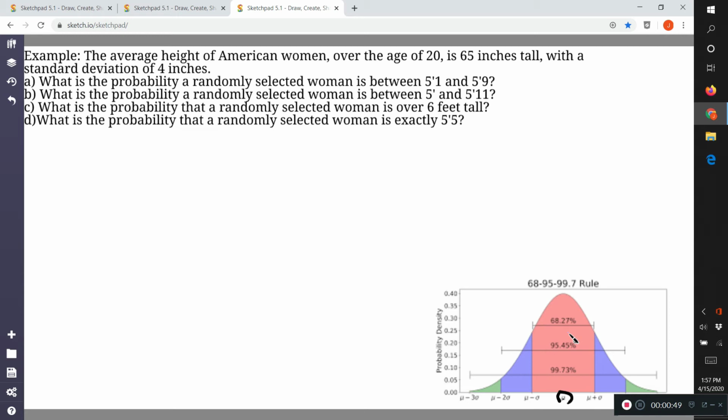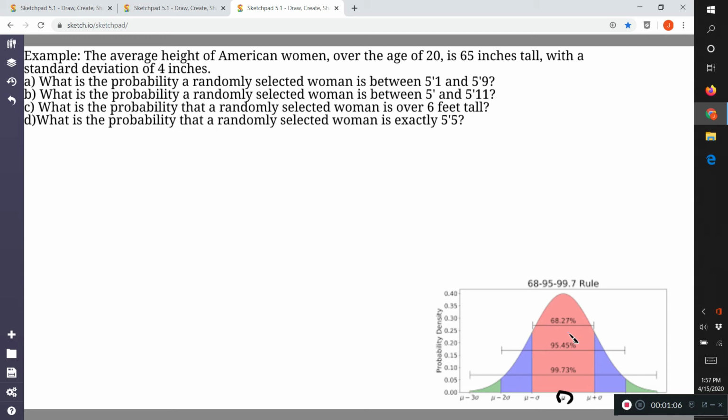And remember, it's important, I should say specifically American women over the age of 20, but I'm not going to repeat that phrase every single time. So if we looked at it and we did 2 standard deviations, that would be 8 inches.